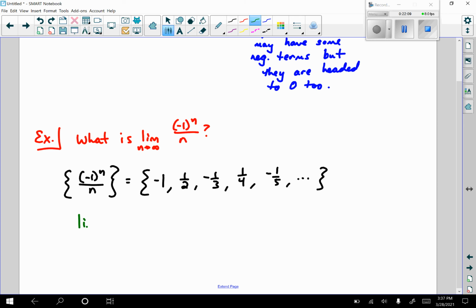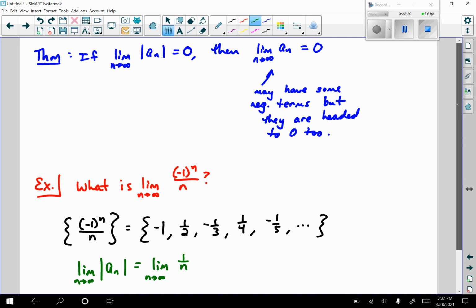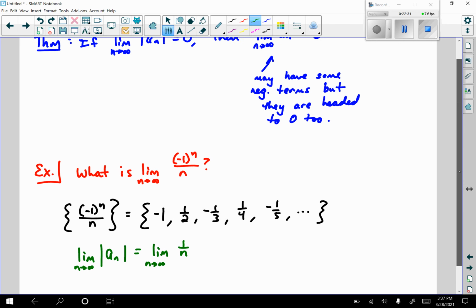So we're going to write this as the limit of the absolute value of a sub n, as n goes to infinity, is equal to the limit, based on this last theorem here, as n goes to infinity, of 1 over n. No need to have the absolute value bars around it because we could take it away then.